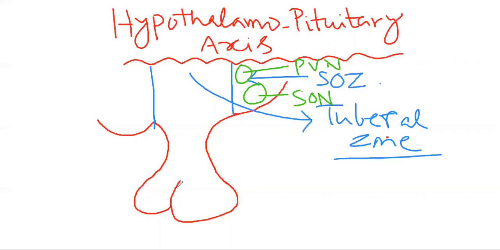From there, the neurohypophyseal tract will come down and reach the posterior pituitary, which is known as the neurohypophysis.